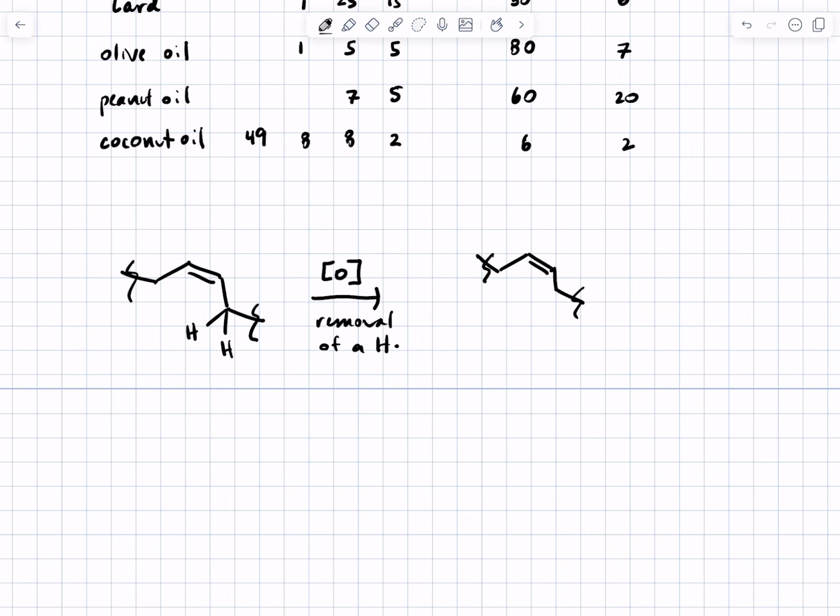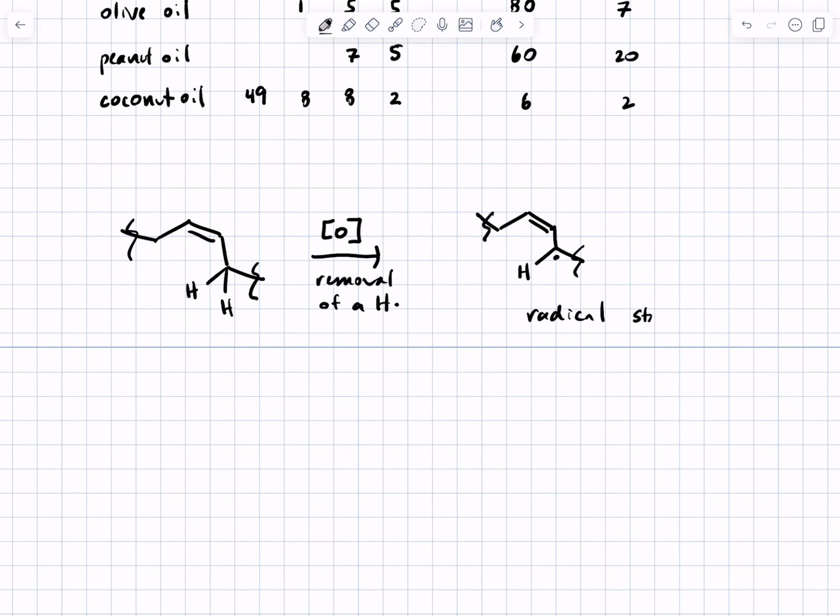There used to be two hydrogens there. Now there's only one, and in the place of the other one is a single unpaired electron. That is called a radical. The reason that can happen is because the radical is stabilized by resonance with the adjacent double bond.